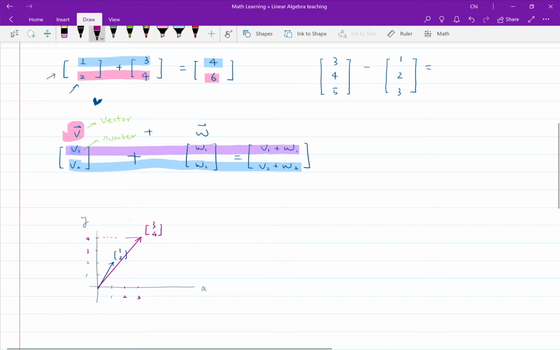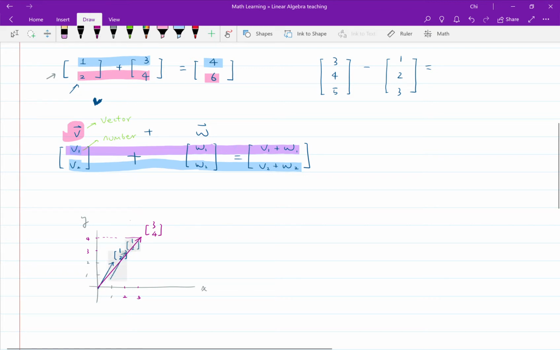So the operation of addition, if you want to visualize it, there are actually two ways you can do it, but here we will show the easier way. You move one of the vectors, say 1, 2, so that its endpoint lands where the second vector's start point is.